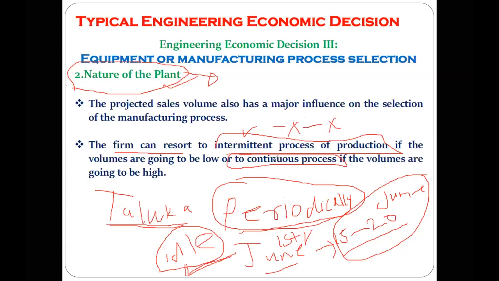If your company's nature is intermittent, meaning in some months of the year your company is in working condition and on some days your machinery is not, you have to choose the machineries accordingly. If your company is in continuous working mode, in that case you choose different machinery. If your company is not in continuous working mode, you have to choose different machineries. All of you are getting this?